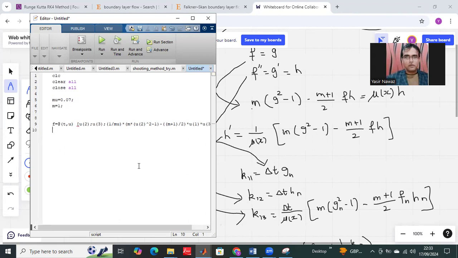Then the boundary conditions. The boundary condition at the left hand point is 0, and then the derivative condition is 0, and then the boundary condition at the right hand point on the derivative.